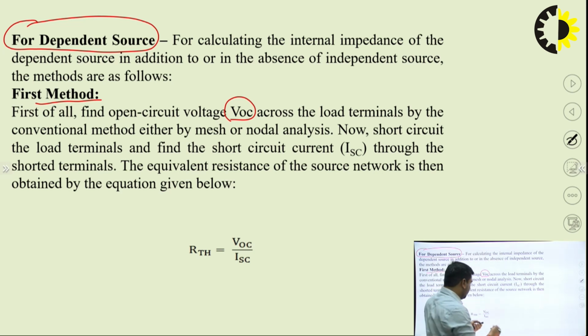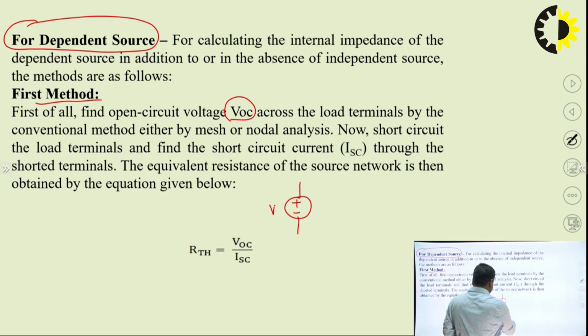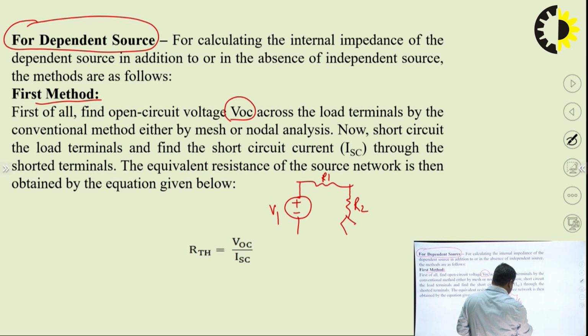So let's have some network: V1, R1, R2. Let's have a dependent source, with current I1, 3I1.